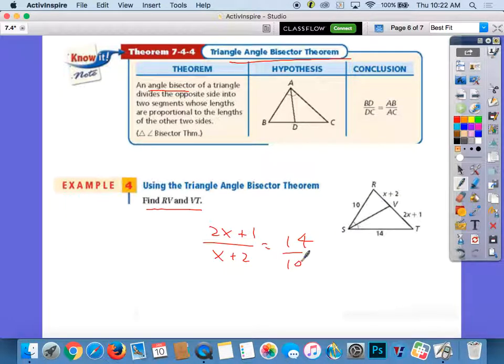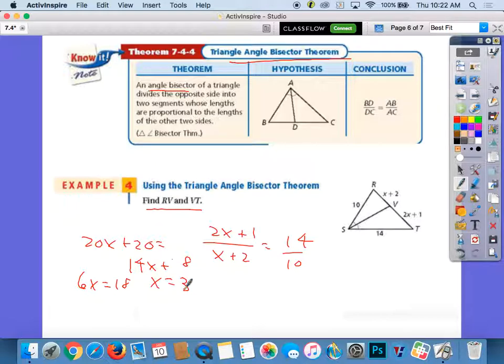Just take a second and process that and make sure you see the pattern. Cross multiply, make sure you distribute. So you get 20x plus 20 is going to equal 14x plus 28. Solve for x, you get 6x equals 18. And then x is going to be 3.